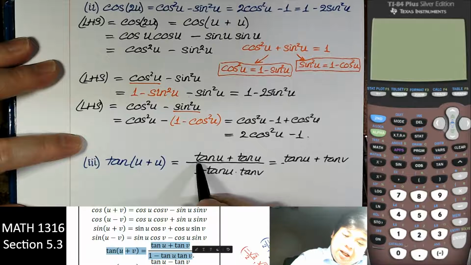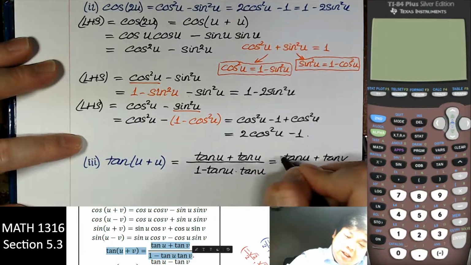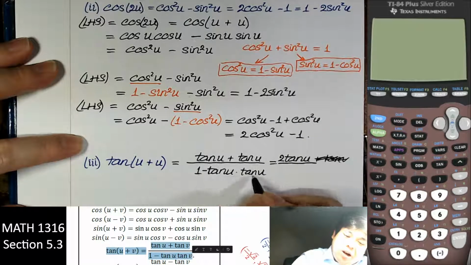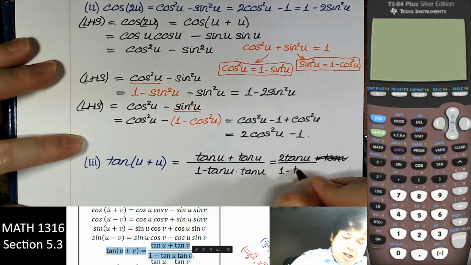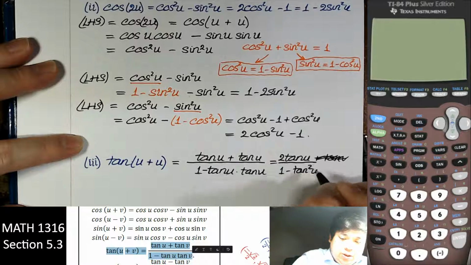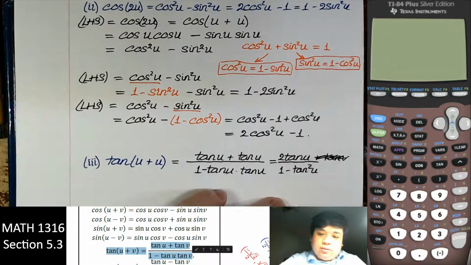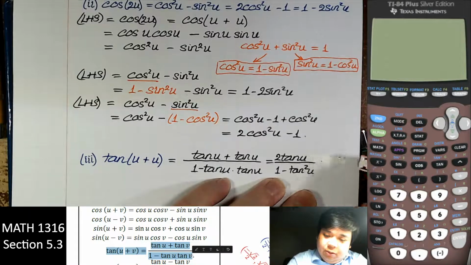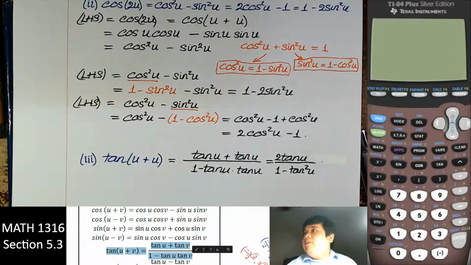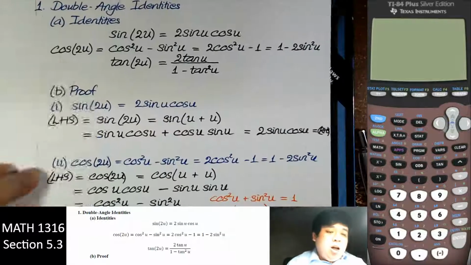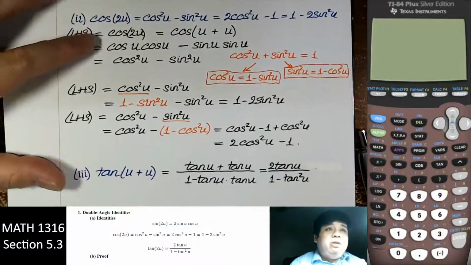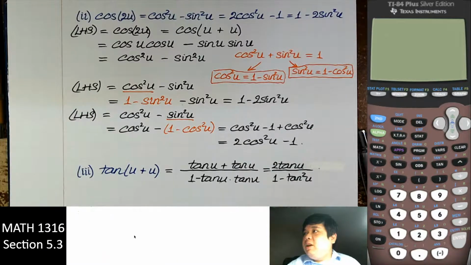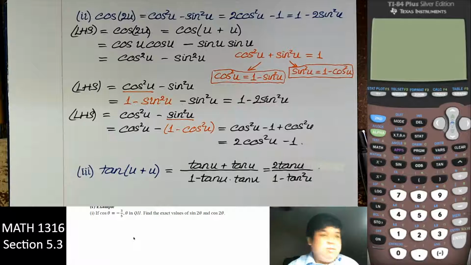I mean, u and u are the same, so make it 2 tangent u over 1 minus tangent square u. So, like I said, proving these identities is very simple. So that's why you don't even need to memorize it.